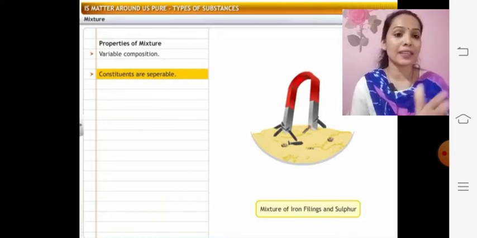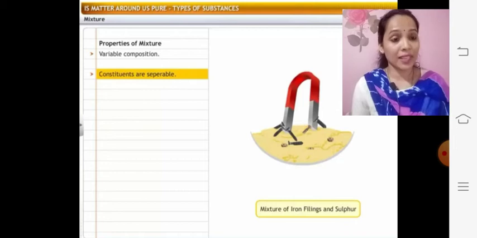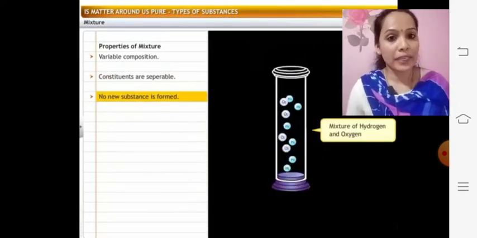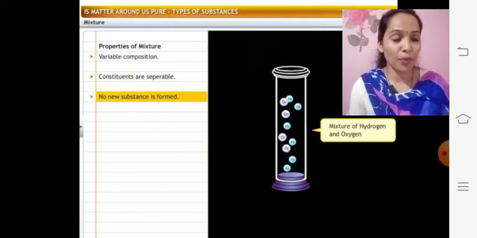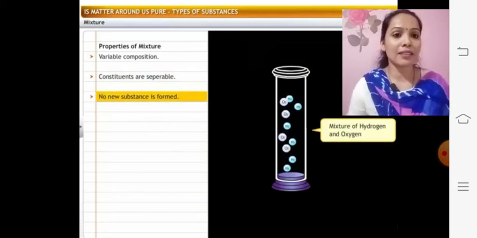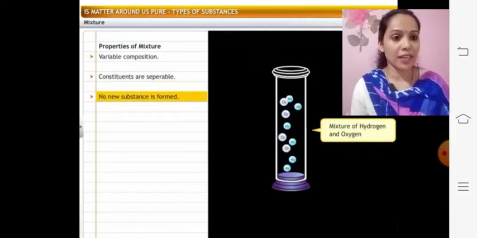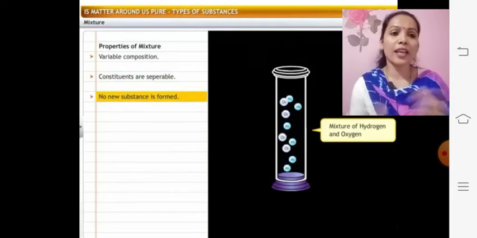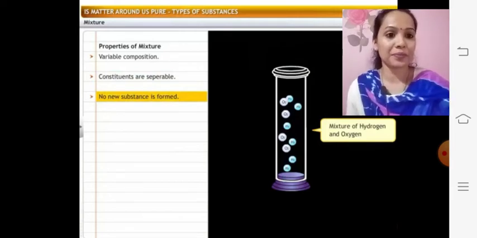For example, here iron is magnetic, therefore using a magnet we can easily separate iron nails from the sulfur powder mixture. The third property is that no new substance is formed when you mix. When you mixed iron and sulfur powder, we didn't get iron chloride or something, that is what it means. They remain separate.